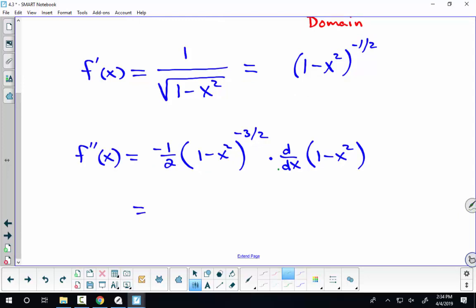So this, of course, is minus 2x. So what we have is we're going to combine the minus 2x with the -1/2 to give us just x.